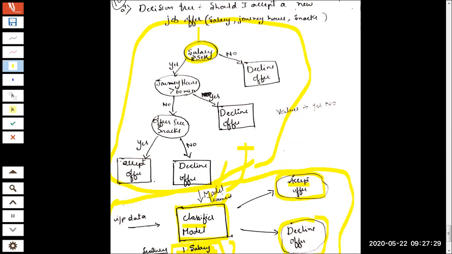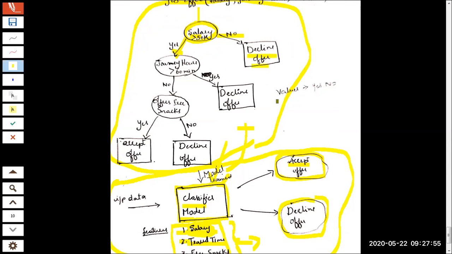Now, if the attribute salary has a value yes, you will go towards the left branch. If it is no, you will go towards the right branch, meaning that the person will reject the offer if the salary is less than 50K. That's it. Please note here you have directly entered into a class label, decline offer.